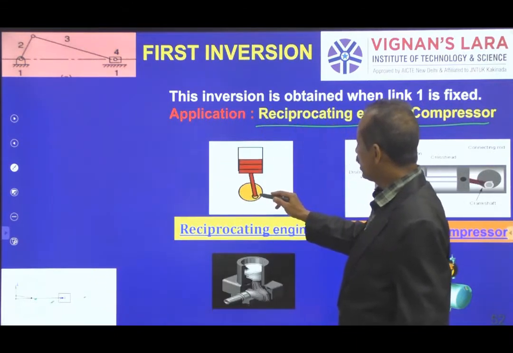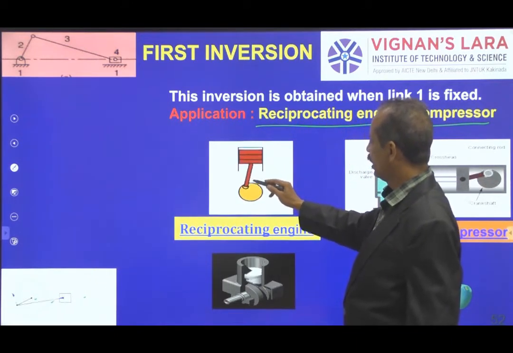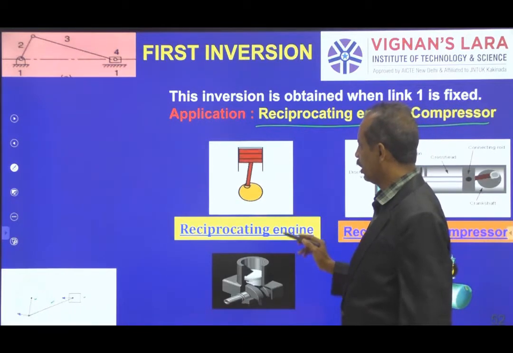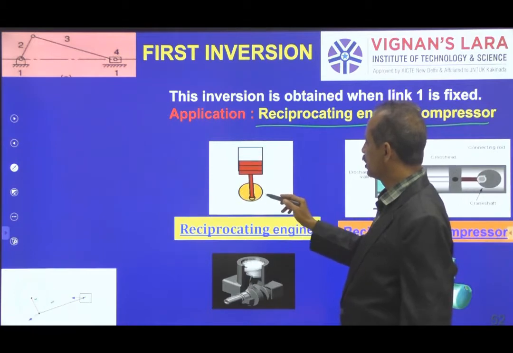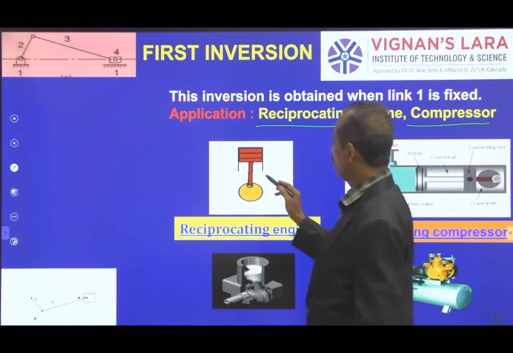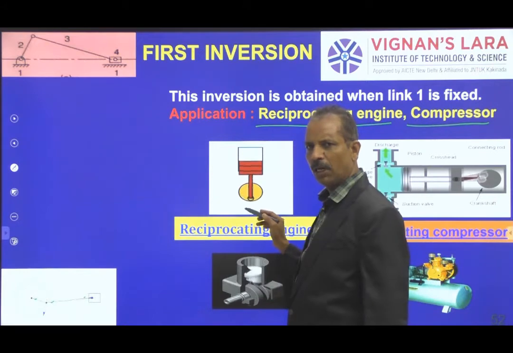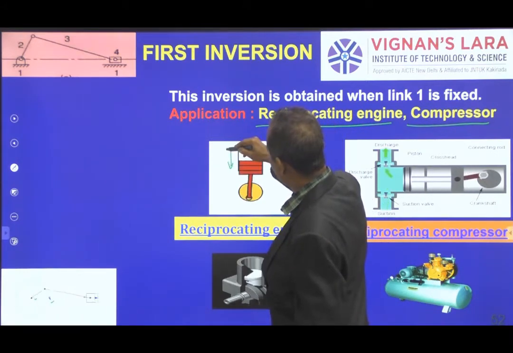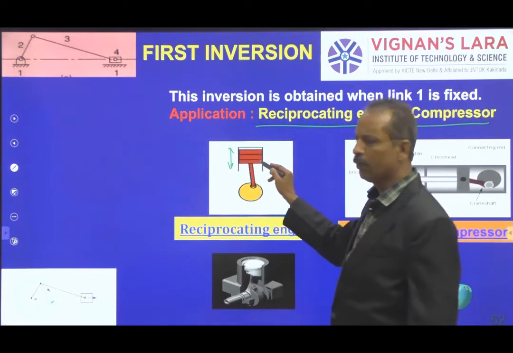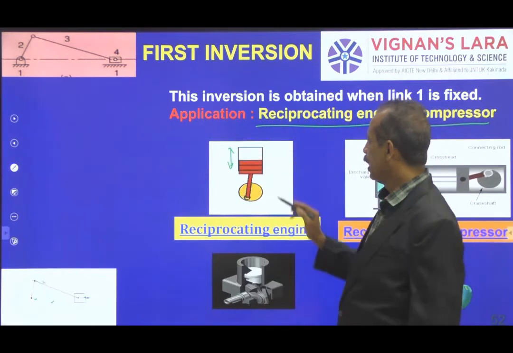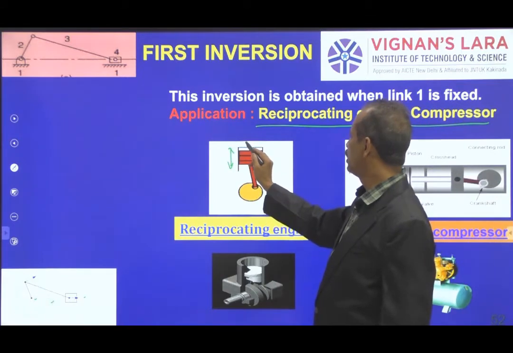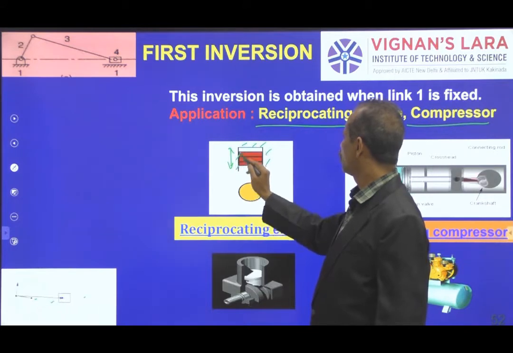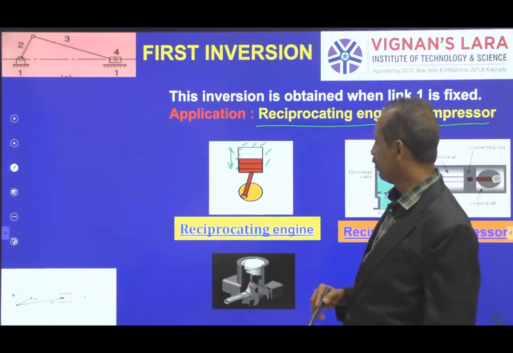Now that crank is connected to another link, which is called the coupler or connecting rod. You can see this is oscillating. With the oscillation of the connecting rod, there is a reciprocating motion taking place by the piston. And here the cylinder is constant, link number 1.